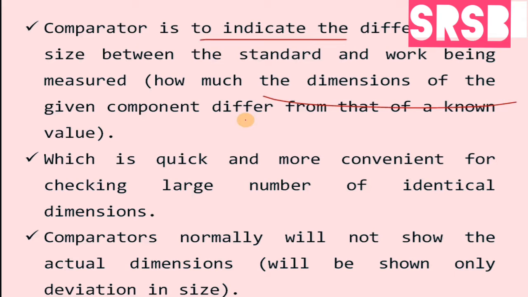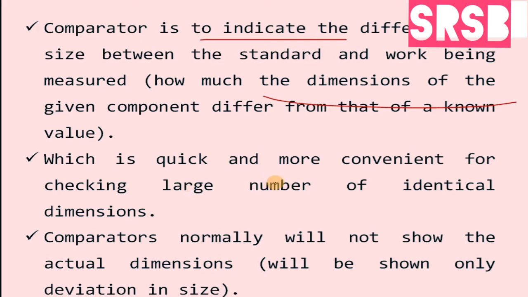It is not possible to measure the direct dimensions of the particular component, so it is just compared, and the deviations that come through that process are found. For this reason we have to use a comparator.